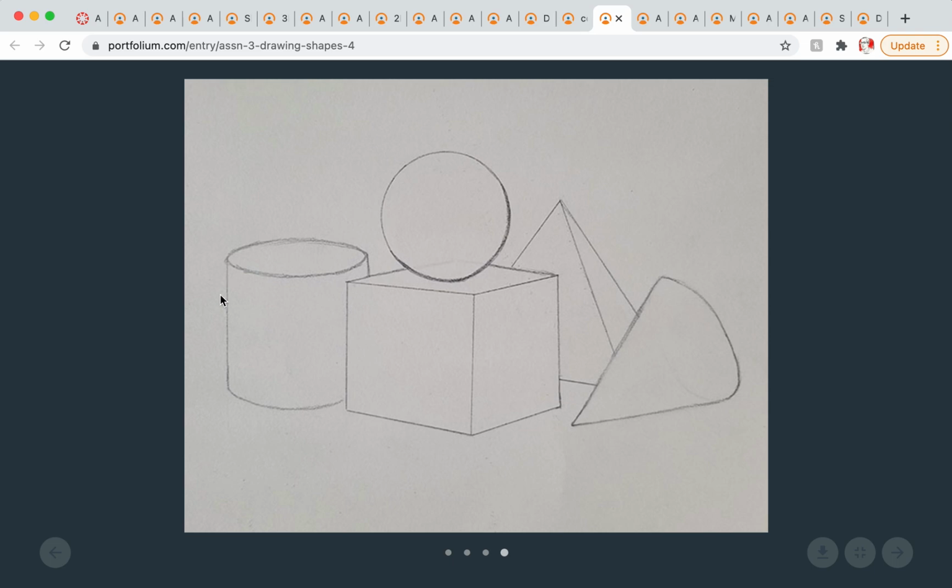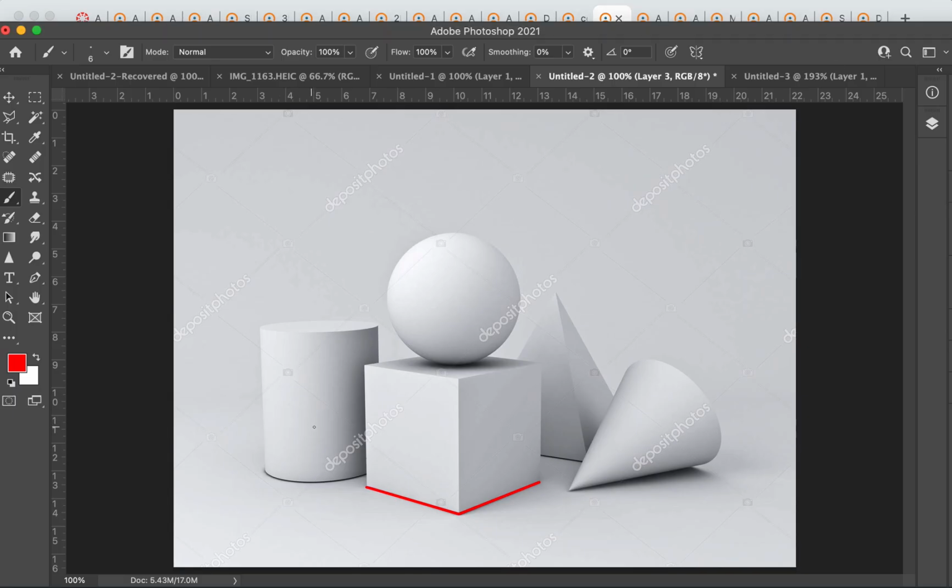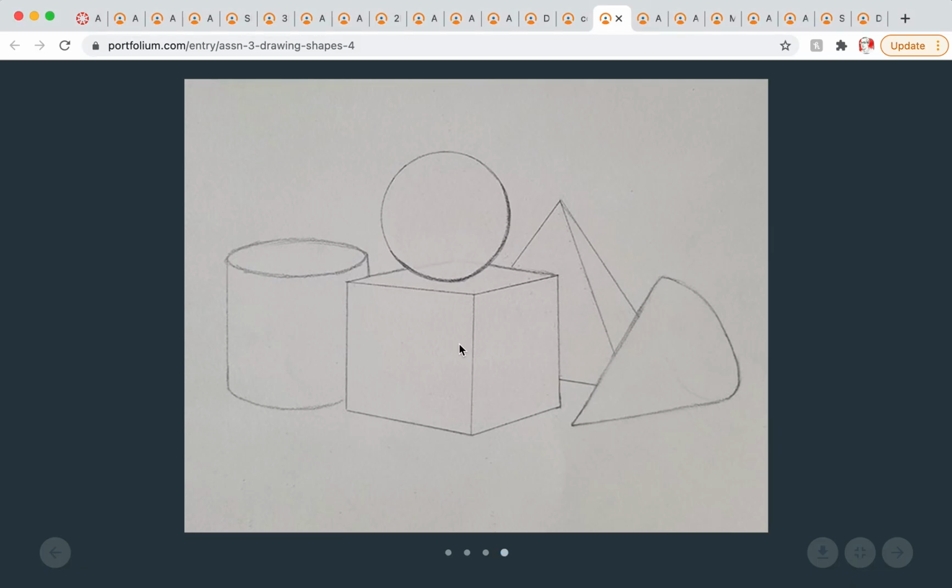Okay. So just a few things on this one. I feel like this is more of a cube, so the height, depth, and width is the same distance, where this one doesn't feel like a cube necessarily. It feels like this side is longer than this side, and then this height.